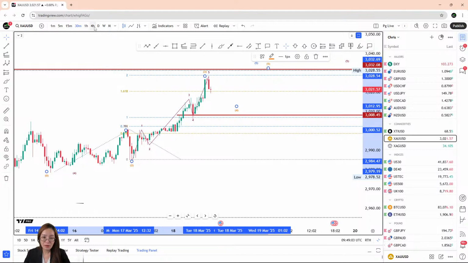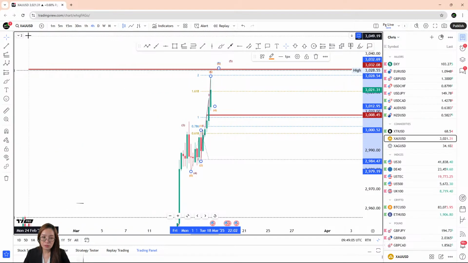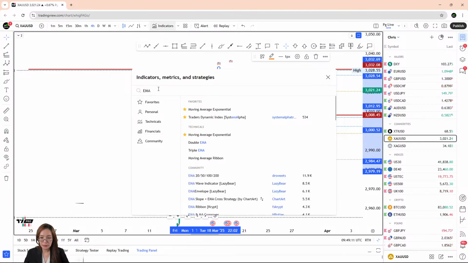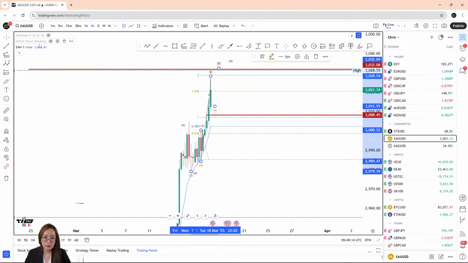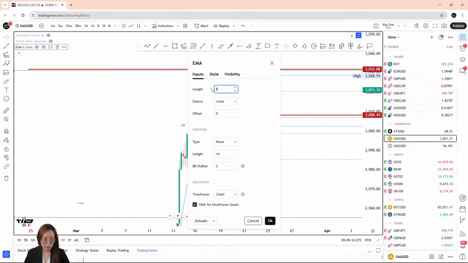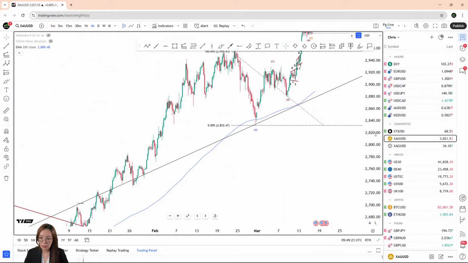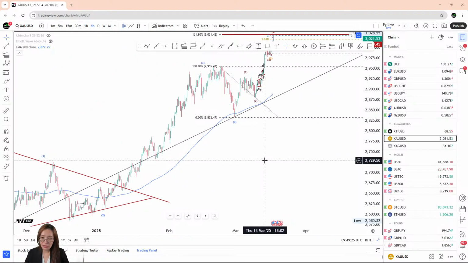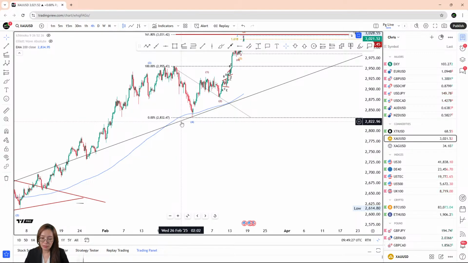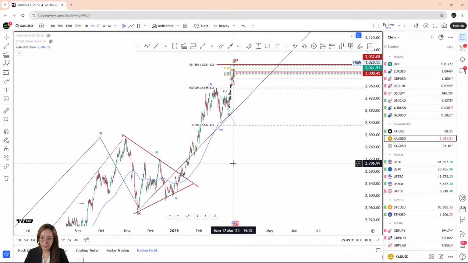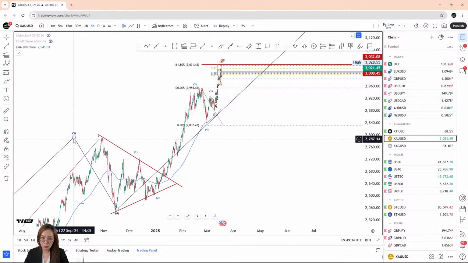For example, on the H4 time frame, I will use EMA with period 200 to look for the trend. Basically, if our price is above EMA 200, we will look for buy entries.